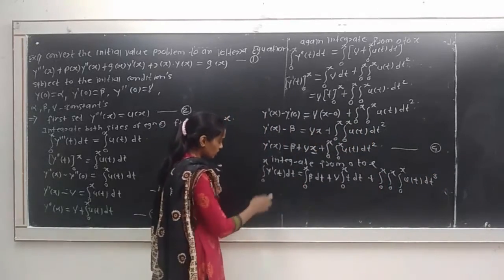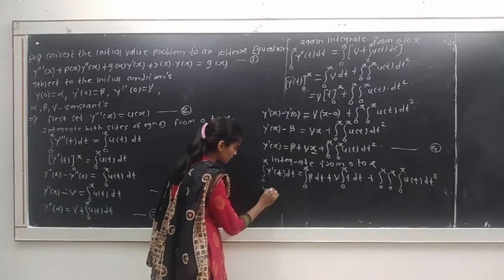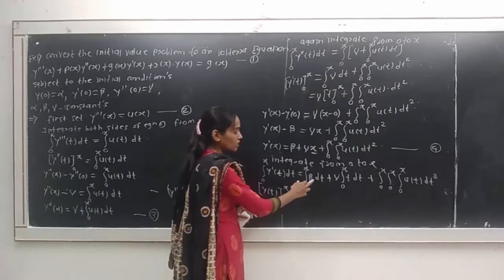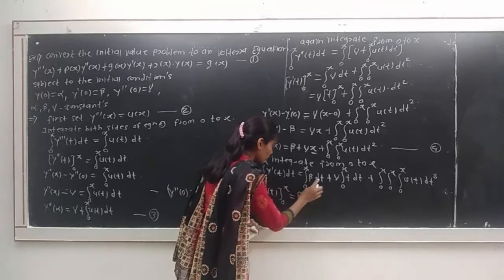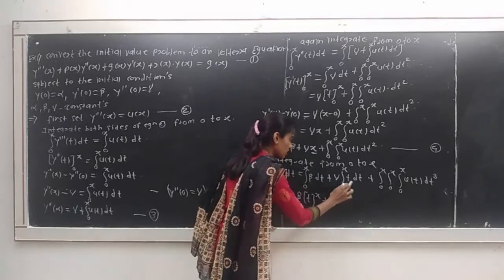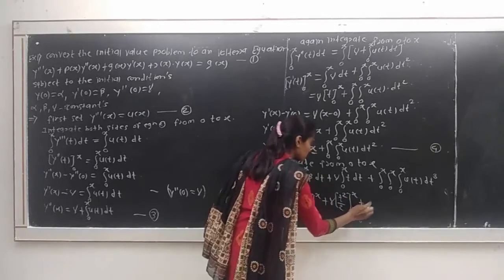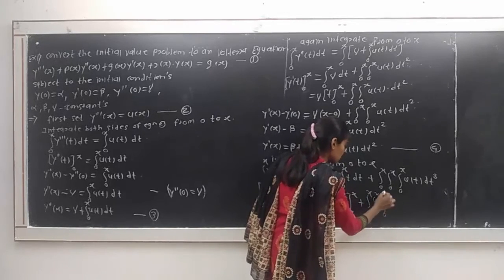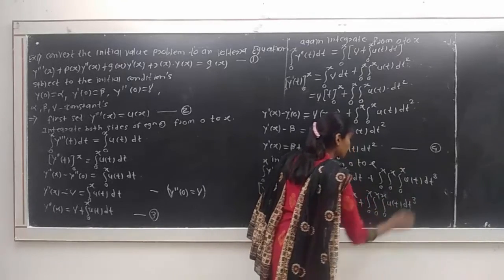Then again if we take the integration, this derivative and integration get cancelled and we get the function y of t from 0 to x is equal to beta, a constant, which we take outside the integration, that is beta, the integration of dt will be t from 0 to x, plus gamma, the integration of t will be t square divided by 2 from 0 to x, plus this integration as it is, that is 0 to x, 0 to x, 0 to x of u of t dt cube.